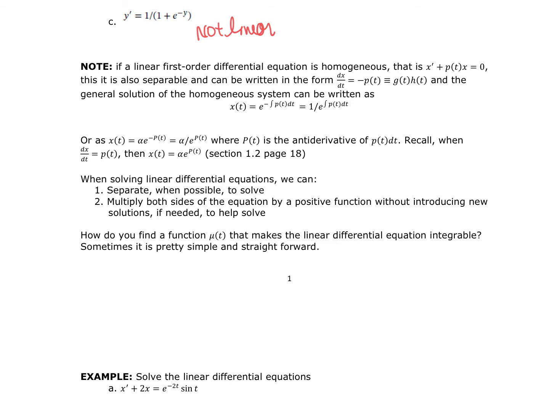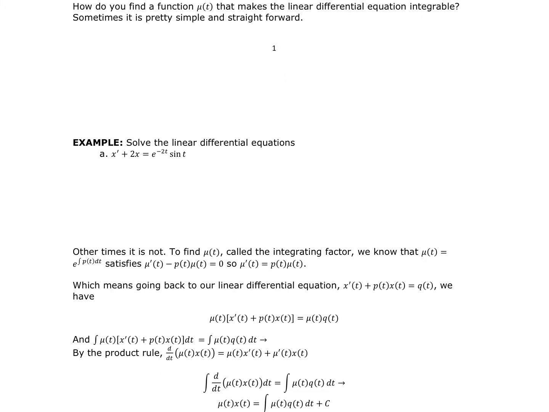Well, it's actually sometimes very simple and straightforward. So if I were asked to solve this differential equation, x prime plus 2x is equal to e raised to the negative 2t sine of t, then one of the things I can do is multiply both sides by e to the 2t. The reason I can do e to the 2t is, first of all, e to the 2t is a positive function.